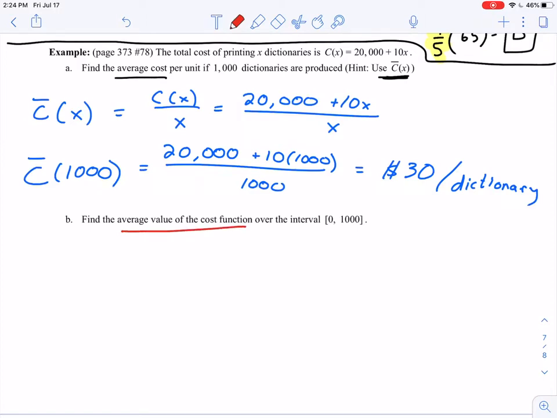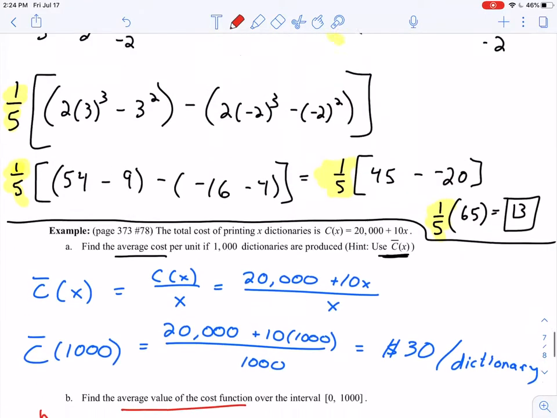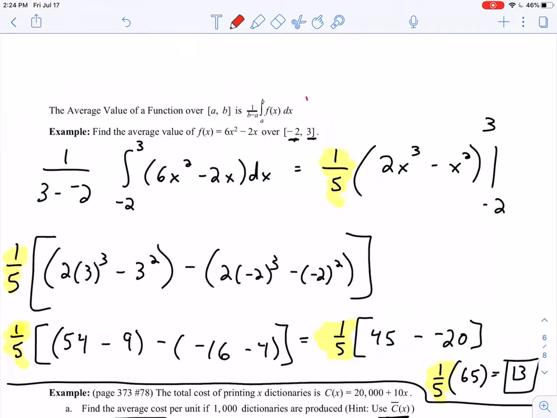over the interval 0 to 1,000. So here we're talking about the average value. We want to use 1 over b minus a times the definite integral from a to b of our cost function c of x dx. So I'm just using the average value function that we gave earlier.